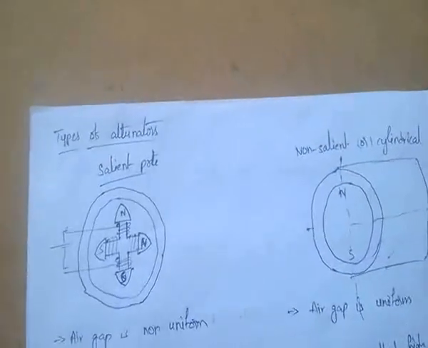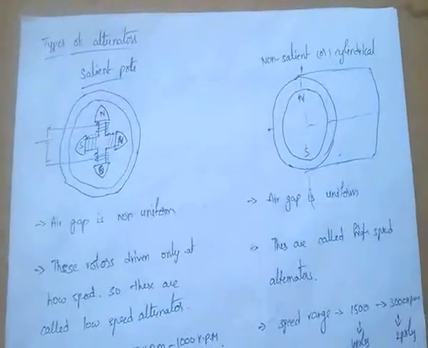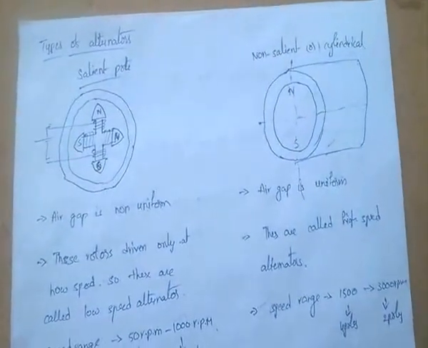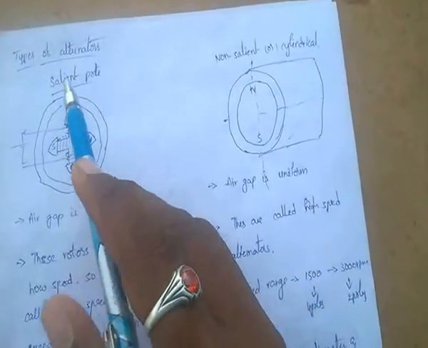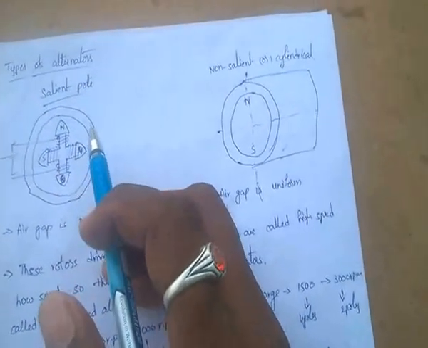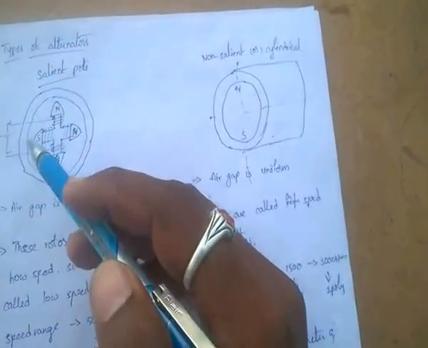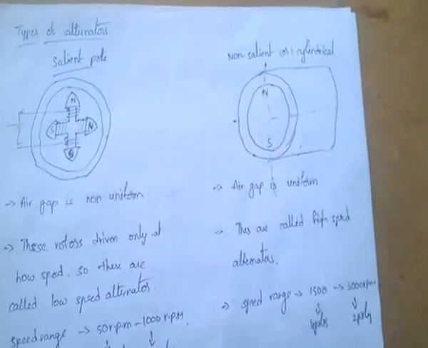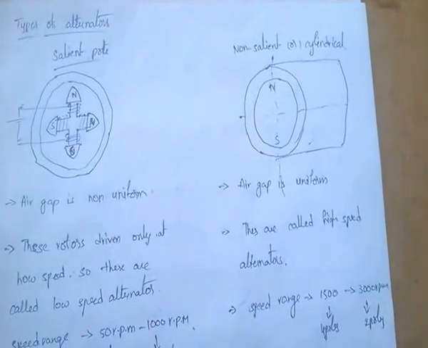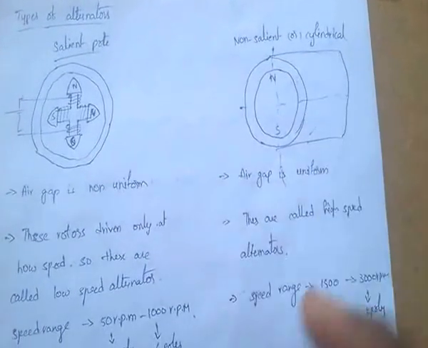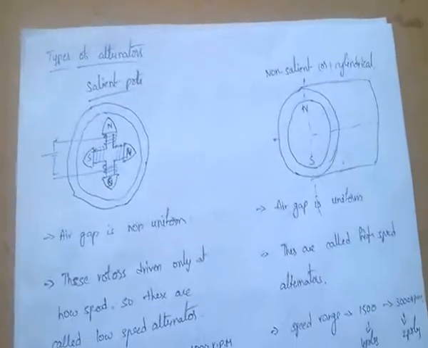Next one, types of alternators. There are mainly two types of alternators based on the rotors used: salient pole type alternators and non-salient pole type alternators.